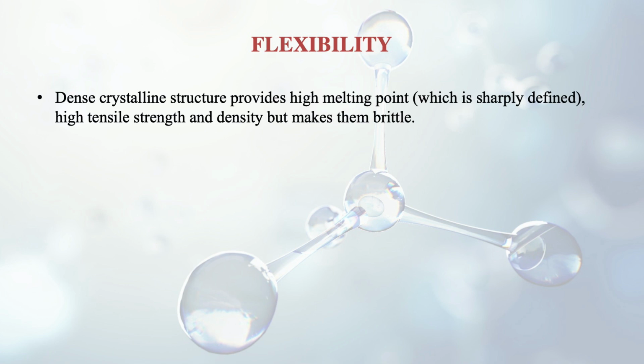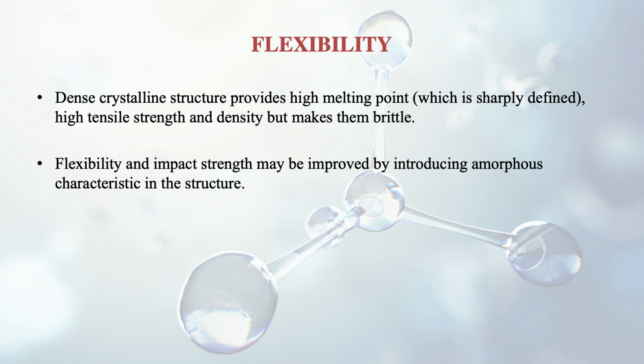So now we have to look at this property of flexibility to remove this brittleness. So flexibility and impact strength, how can it be improved? By introducing amorphous characteristics in the structure, because amorphous we saw it's stronger, it's more compact, and it's difficult to be displaced. The chains displacement has to be made with quite a lot of effort. So if we make it amorphous type, then its ductility will also increase.